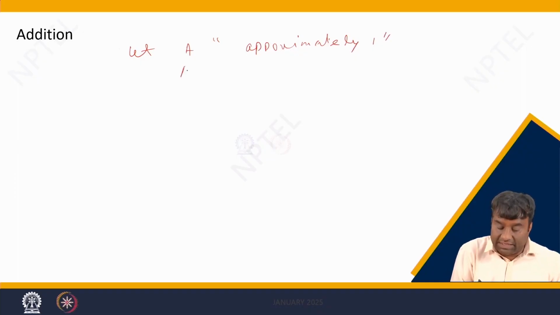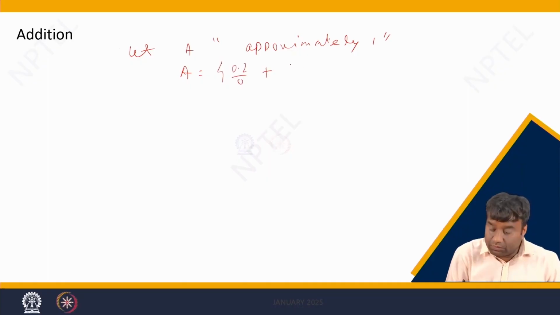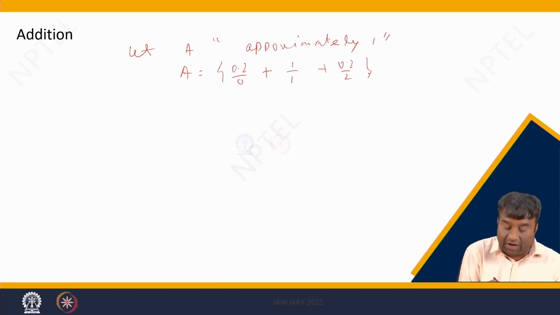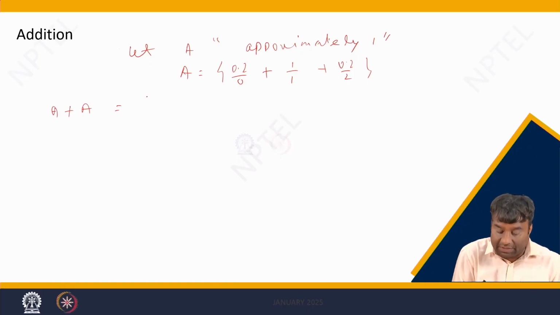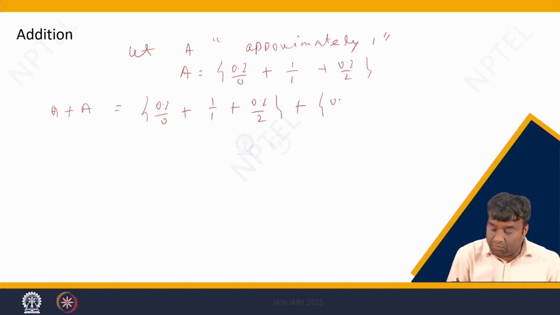Thus fuzzy set A can be written as 0.2/0 plus 1/1 plus 0.2/2. We will try to find A plus A.